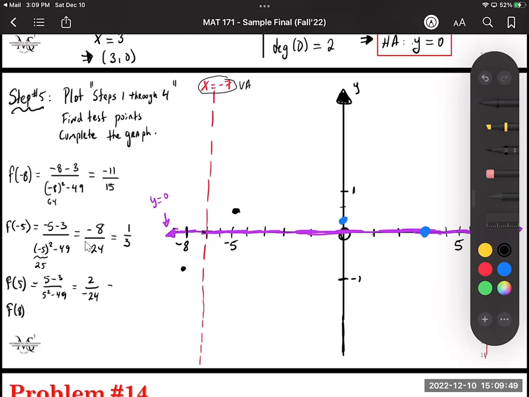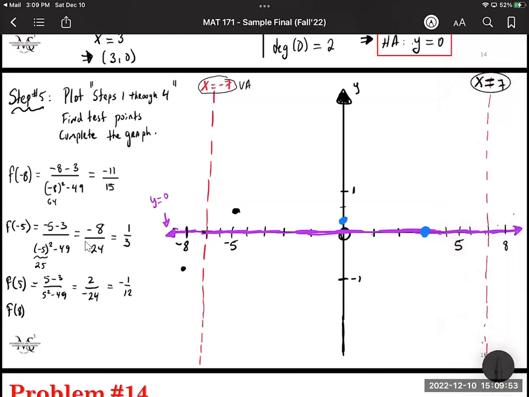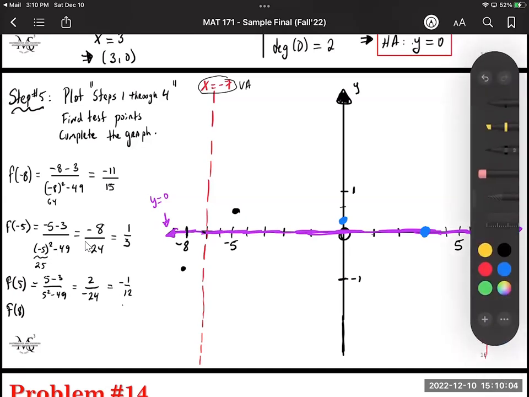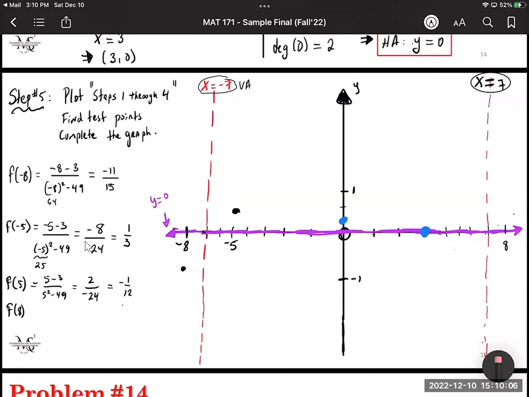So 2 over -24 is -1/12. So -1/12 should be between 0 and -1, but a little bit closer to 0. Where I had the number 5 written would now be -1/12.